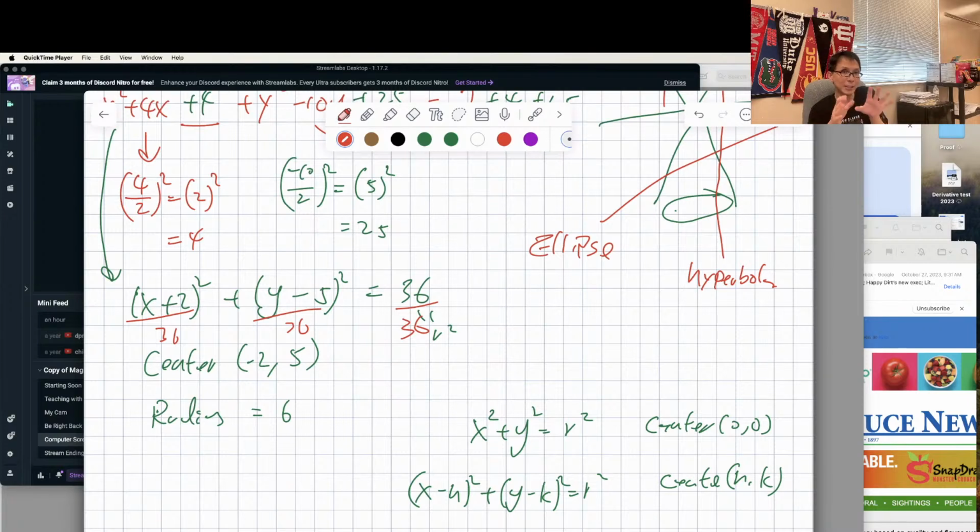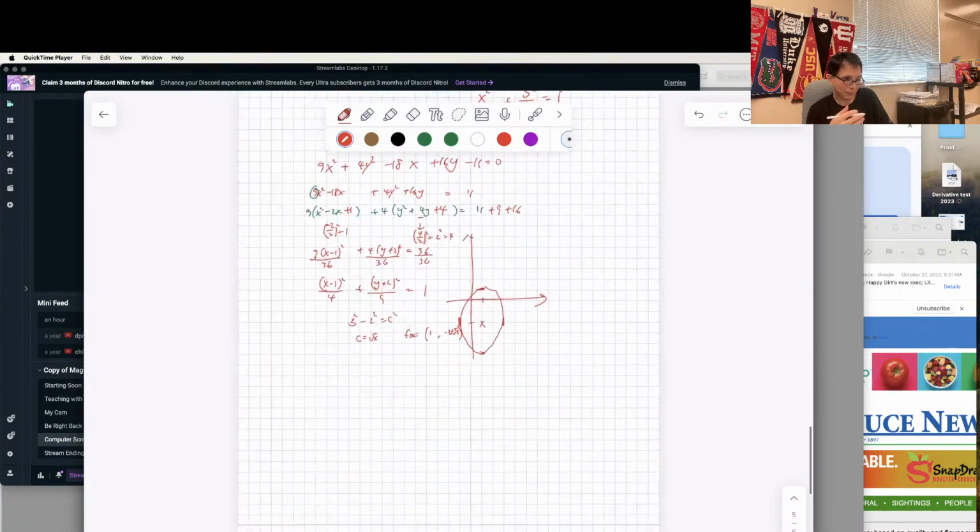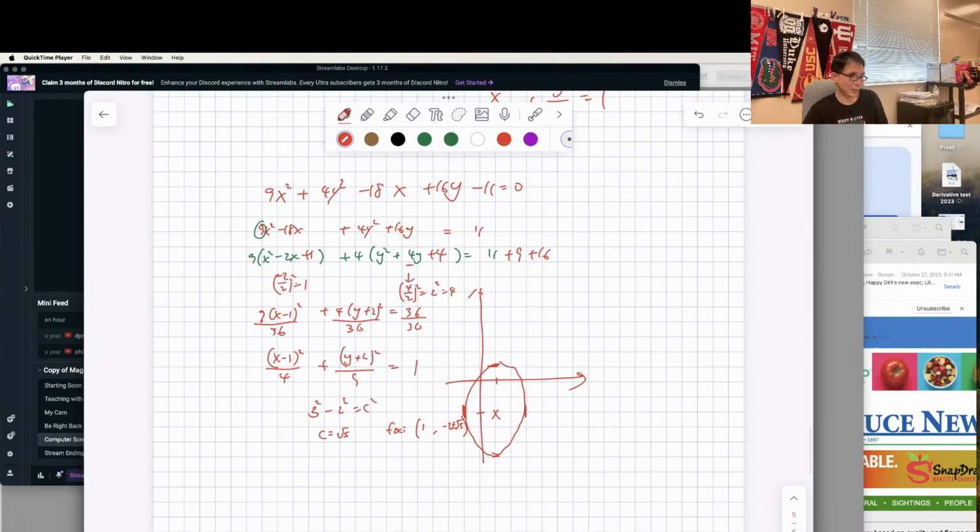So right now, a circle is a perfect ellipse. You can still set the circle equal to 1 if you wanted to. Just divide both sides by 36. Move the x direction 6 units, move the y direction 6 units. Is that okay? And there we go. There was an ellipse.